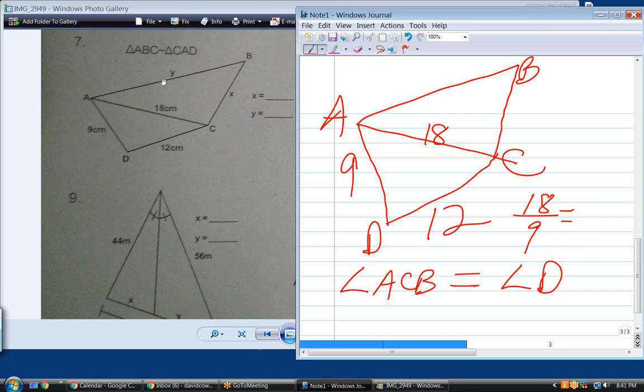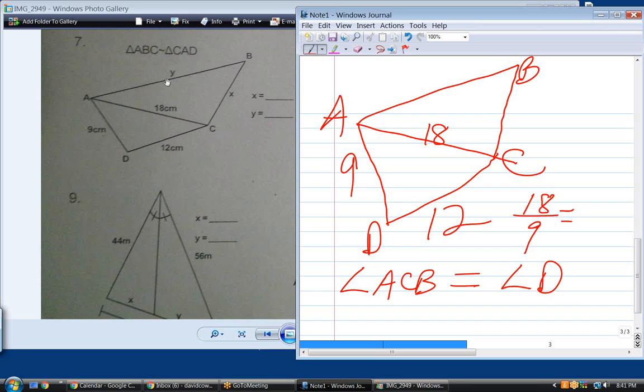Which is the corresponding side for y? When I do what I suggested, which is to move this triangle so that the C is sitting on top of the D. So 18 is to 9 as y is to what? As y is to 12? 18.